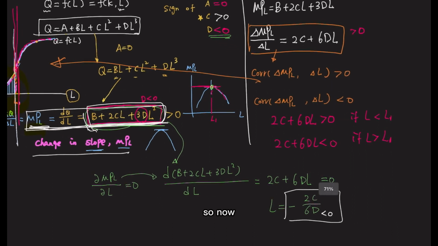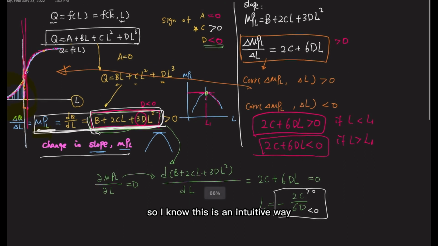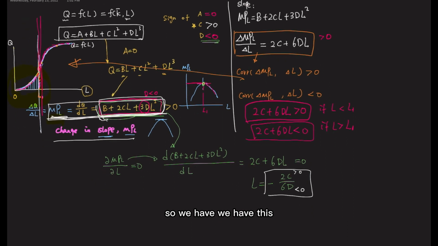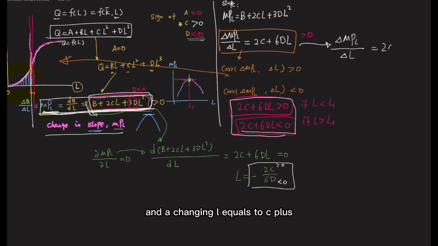So now you look at that. This is a change, right? I know this is an intuitive way. I tried to explain that in class, but it turns out this way is a lot easier to understand. So now let's continue. This is the change in marginal product labor over the change in L, which equals 2C plus 6DL.